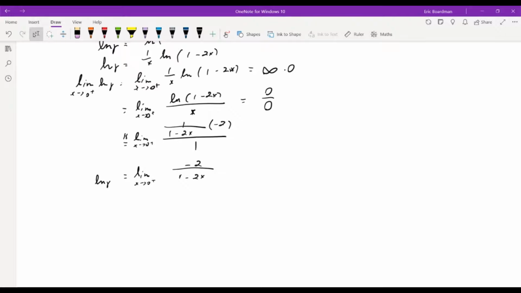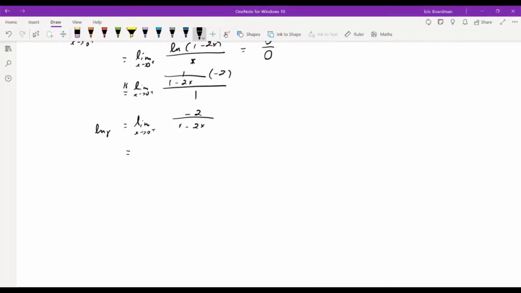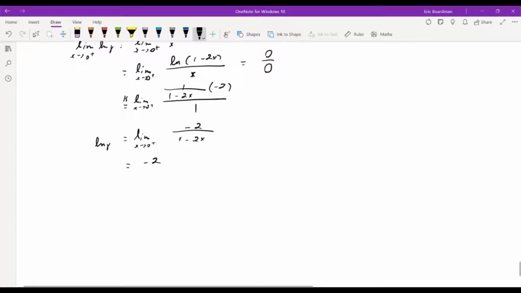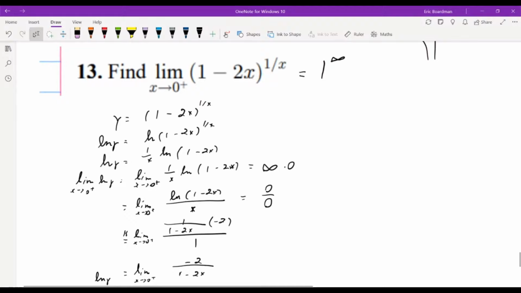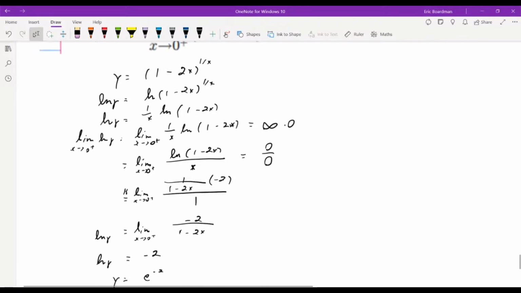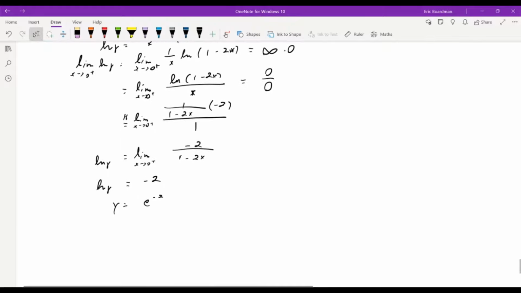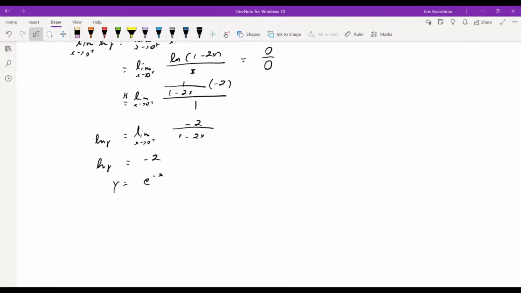And so here, the denominator will go to 1 because the 2x will vanish. So this entire thing is equal to -2 over 1, which is just -2. So that's ln of y. So that means that y equals e to -2. Hopefully I didn't make a mistake there, but that should be good. Yeah, should be good. Or you could write this as 1 over e squared if you want.